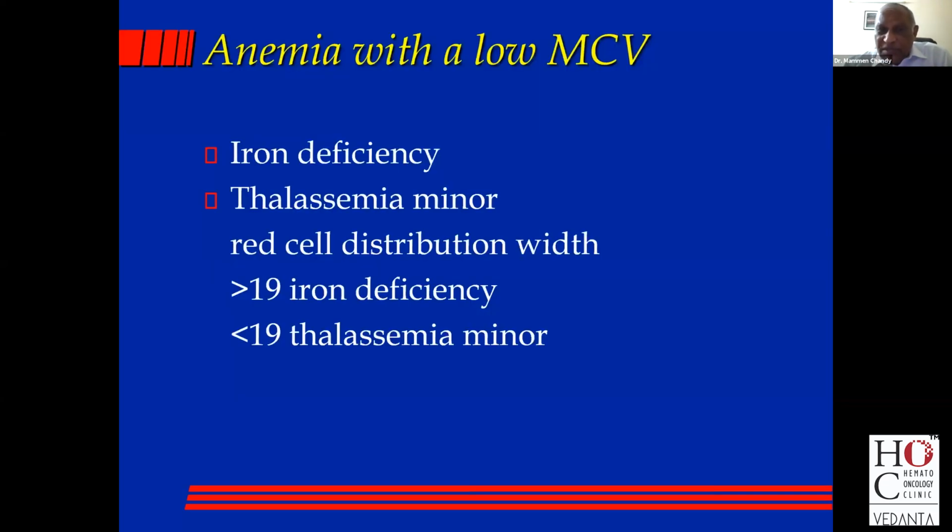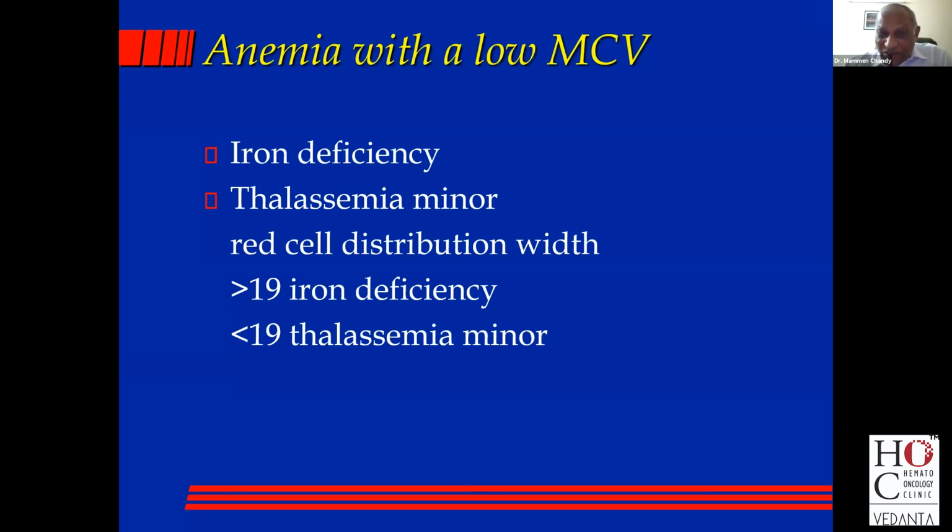As I told you, the major causes of anemia with a low MCV are iron deficiency and thalassemia. How do you distinguish the two? If you have the indices, then you look at the red cell distribution width. If you have a lot of anisocytosis, which means the RDW is more than 19, then you're dealing with iron deficiency. Medical students often ask me why.